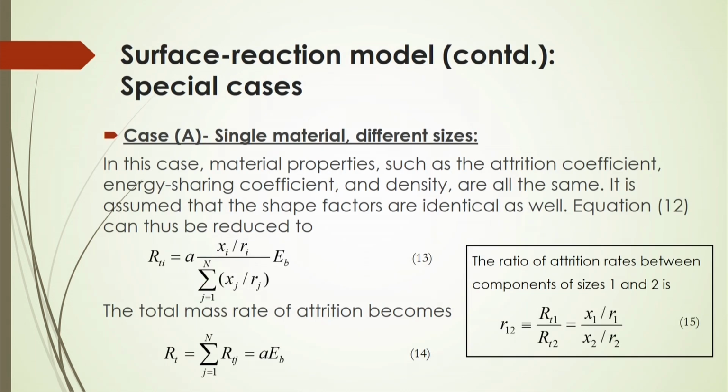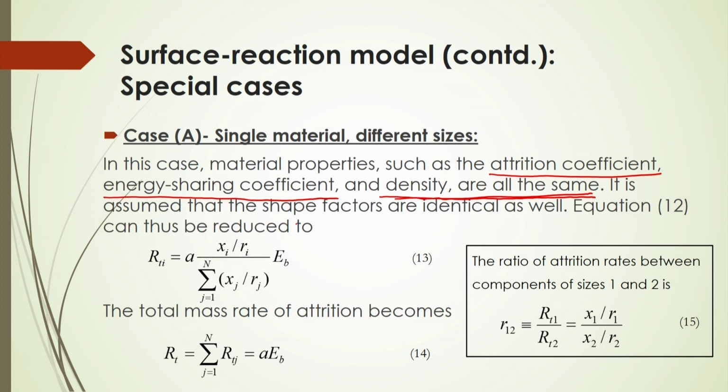Now, for special cases, let us see the single material for different sizes. In this case, material properties such as the attrition coefficient, energy sharing coefficient, that is B, and density are all the same for those materials.